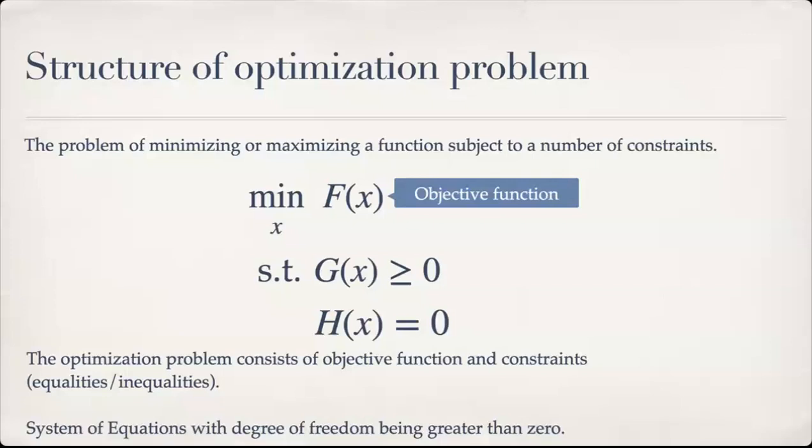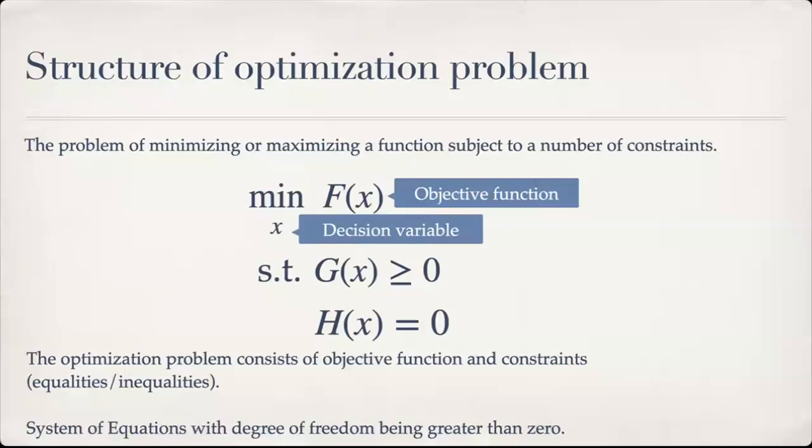Now you learn the objective function. When we say objective function, we want to minimize or maximize the objective function. And what is here? X here. This X we call the decision variable.